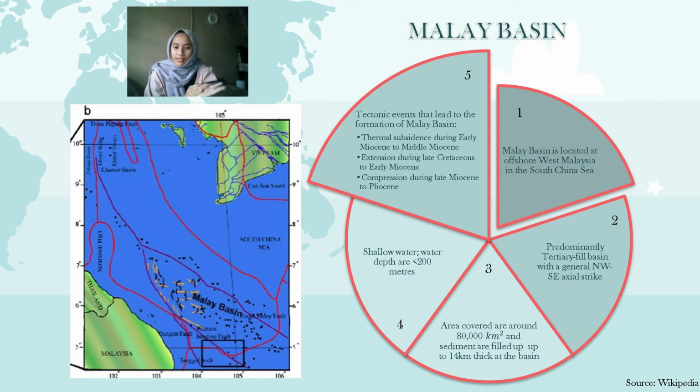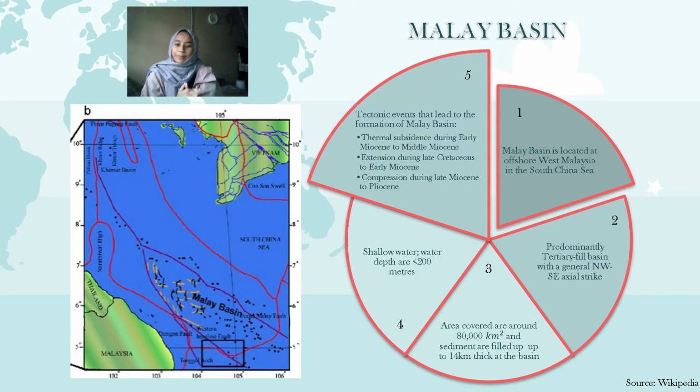The Malay Basin is located offshore of West Malaysia, offshore of Terengganu, in the southern part of the Gulf of Thailand, and it is predominantly a Tertiary basin. The Malay Basin covers an area of about 80,000 kilometers, and the sediments are filled up to 14 kilometers thick at the basin.